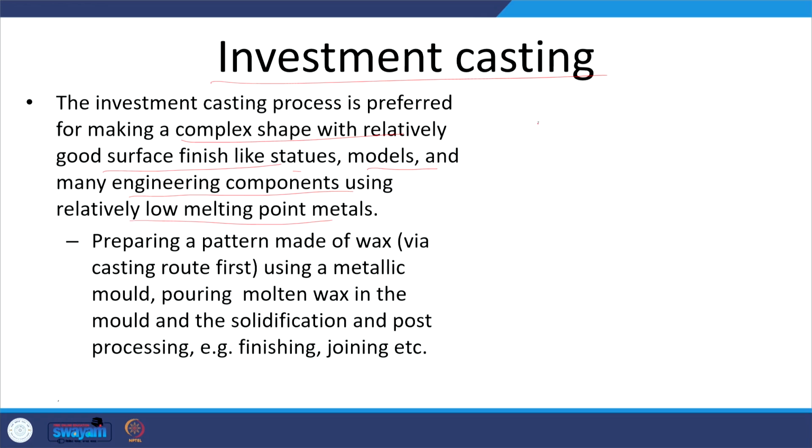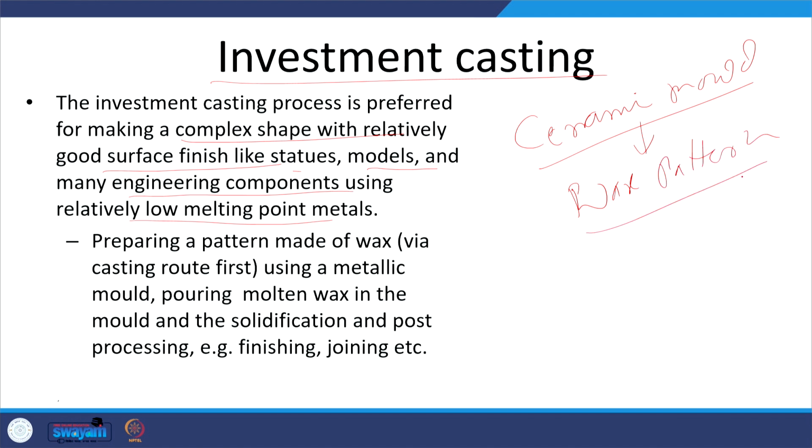The key thing in investment casting is that it uses a ceramic mold, but this ceramic mold is prepared with the help of a wax pattern. First we prepare the wax pattern, and then this wax pattern is used for making the ceramic mold, and once the ceramic mold is ready, the molten metal is filled into it.